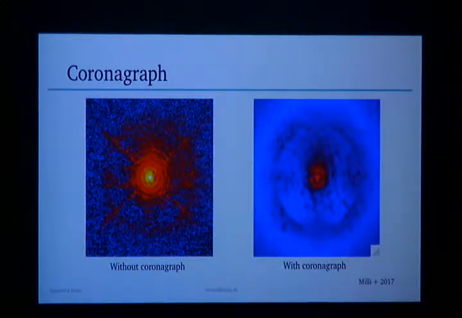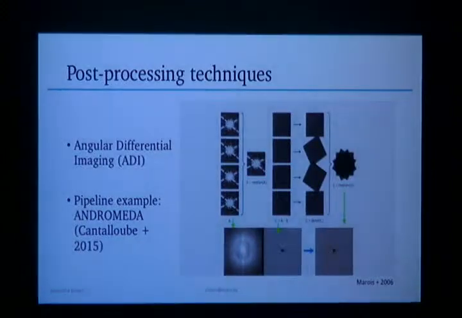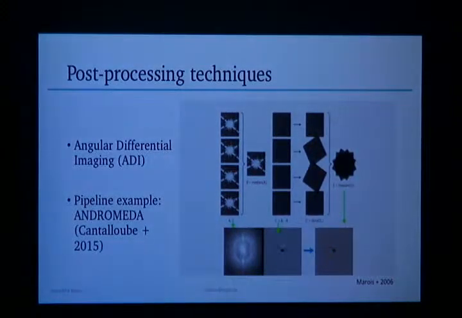Okay, so after we take the images with these two things, we need to do some post-processing. There are many techniques to do this, and the one I use in particular is called angular differential imaging, or ADI. The principle of this one is that you take images of your star, and throughout your observation, the sky will rotate.